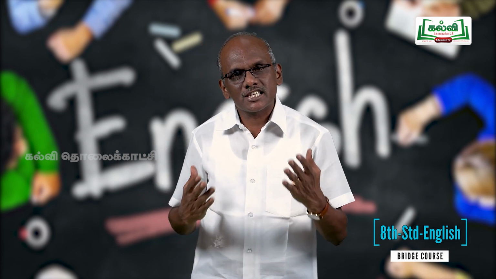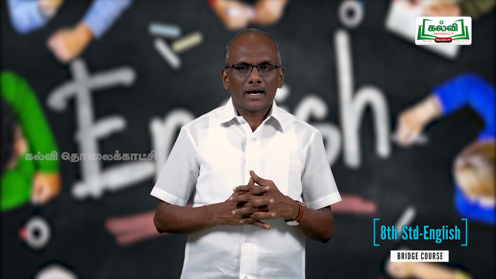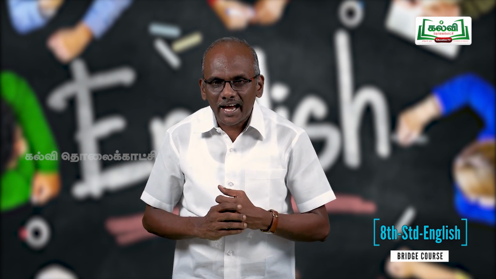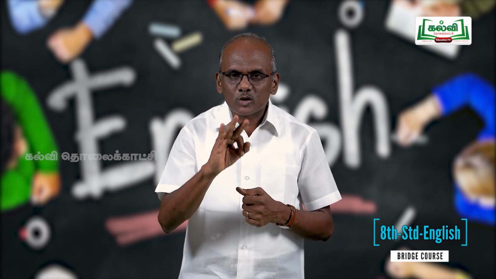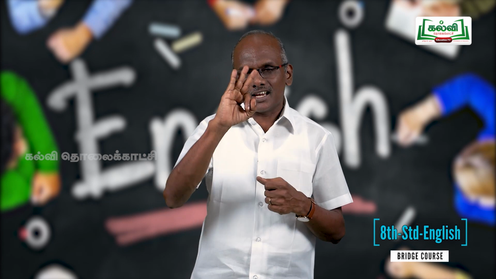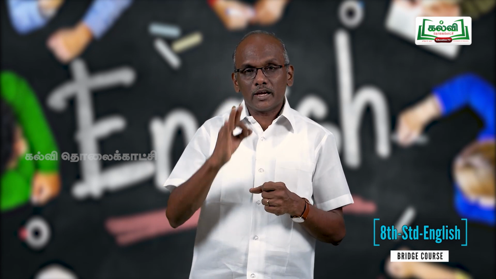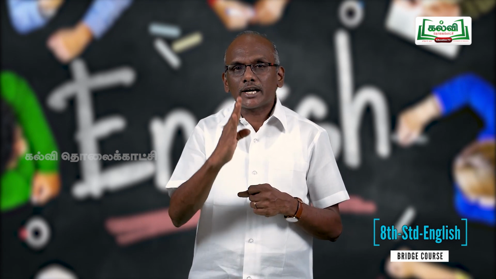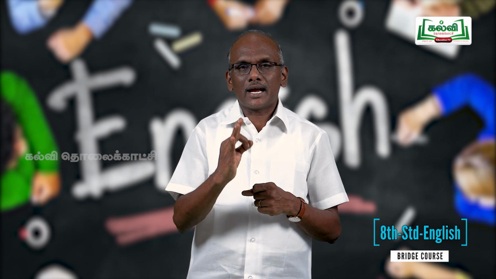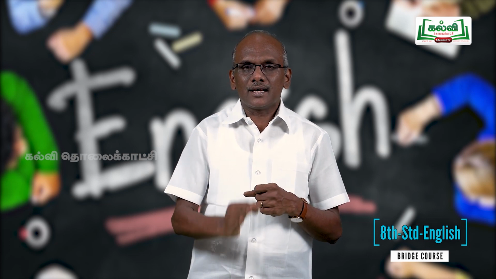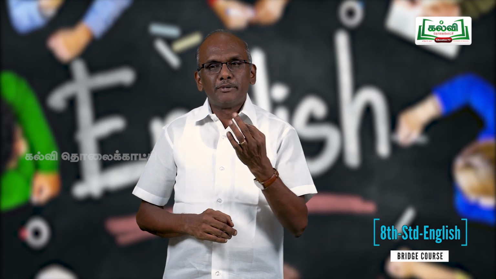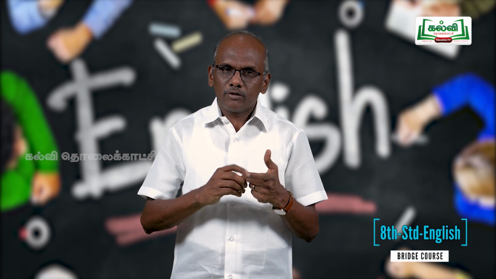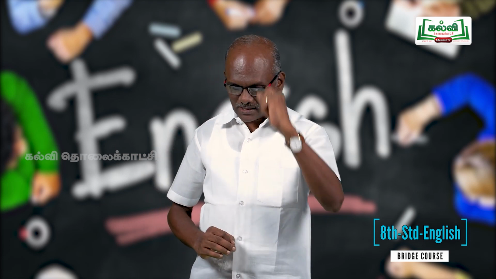Now let's go for trisyllabic words. I think you might know how many syllables there should be. There should be three vowels, three syllables. So if there are three vowel sounds in a word, you can divide it and find that there are three syllables. For example, beautiful. It has three syllables.